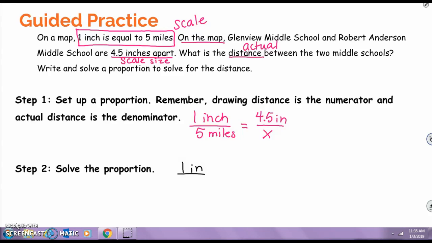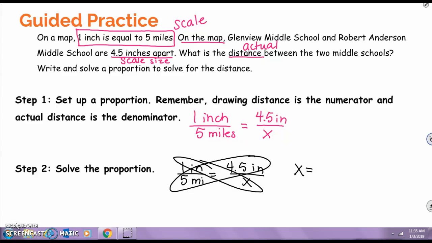So we have 1 inch over 5 miles set equal to 4.5 inches over x. Cross multiply, 1 times x is x. We can write 1x, but we don't need to. We know that when we have a variable by itself, the numerical value is 1.